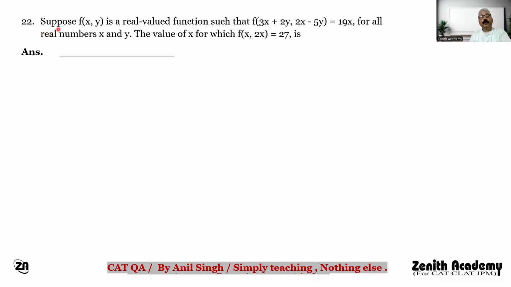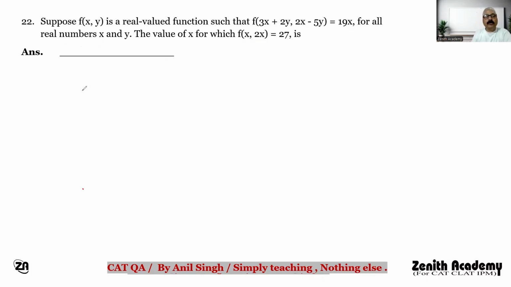Question is, suppose f(x, y) is a real valued function such that f(3x plus 2y, 2x minus 5y) is equal to 19x for all real numbers x and y. The value of x for which f(x, 2x) is equal to 27. So simple question.